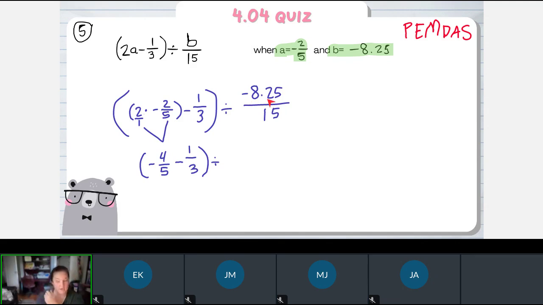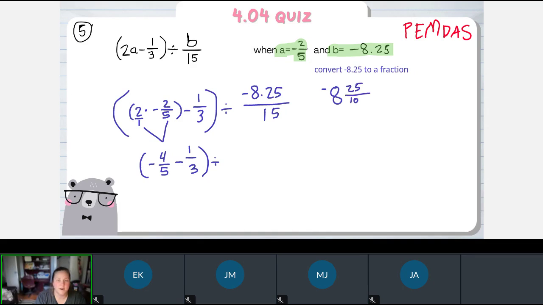We need to go ahead and change. Okay, so I'm going to make a note on mine, and you can do yours as well. Convert negative 8.25 to a fraction. Okay, so to do that, we know that 8.25 is the same thing as negative 8 and 25 over 100.